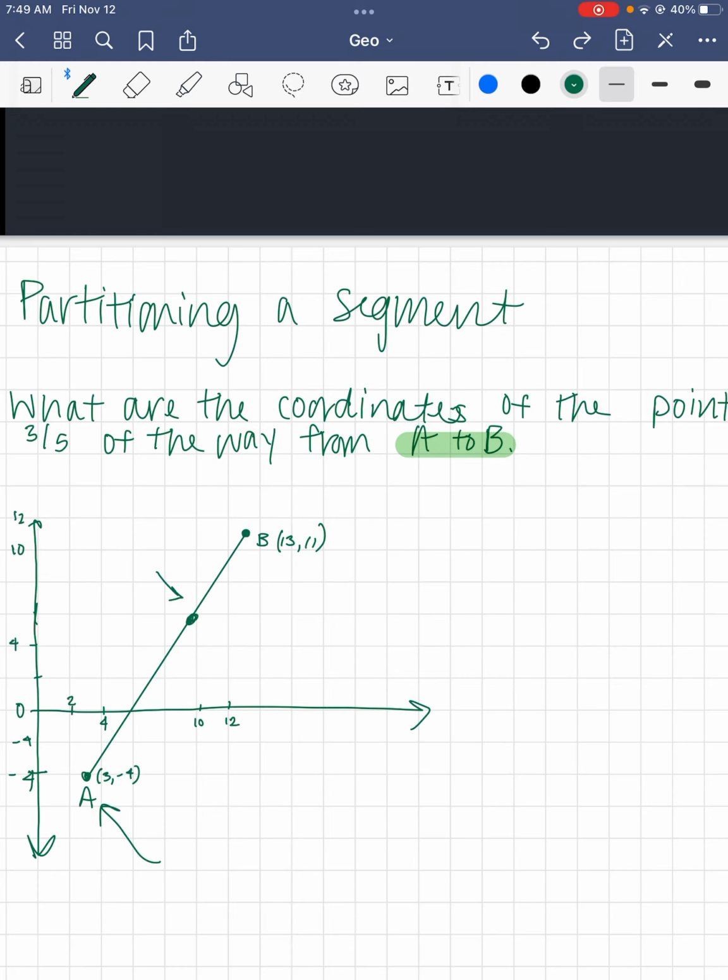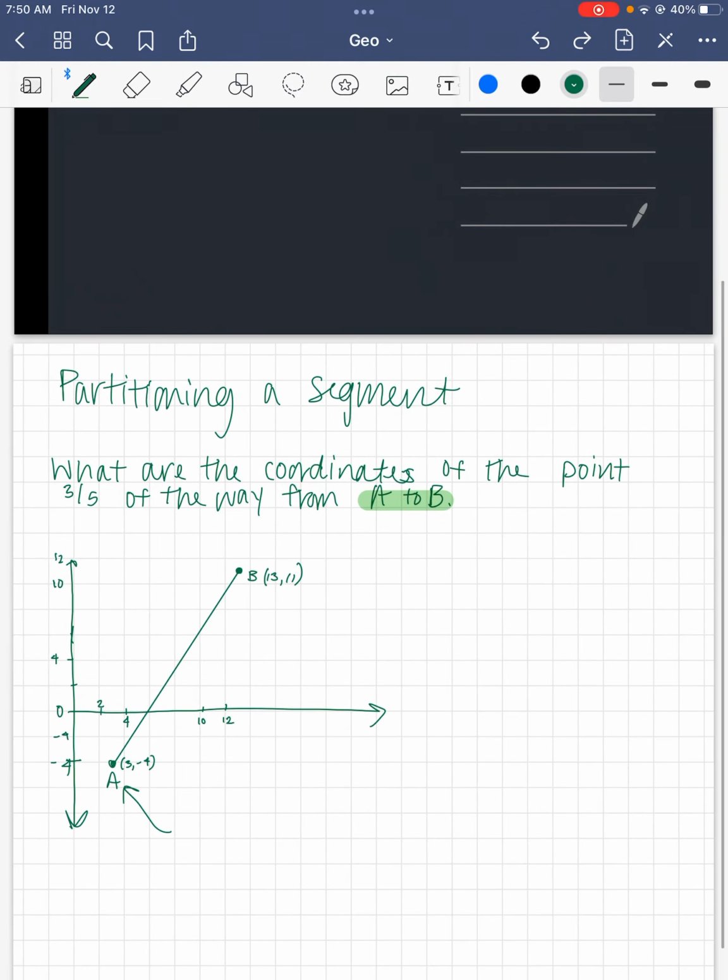So let me get rid of this. And let's see where that is. So we're going to solve this mathematically, right? Because we can't just guess and then say, yeah, that looks close enough. Okay, so let's look at what this means mathematically.